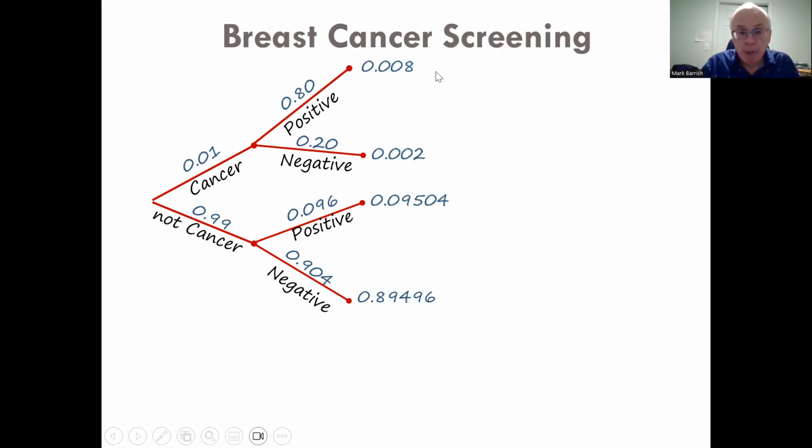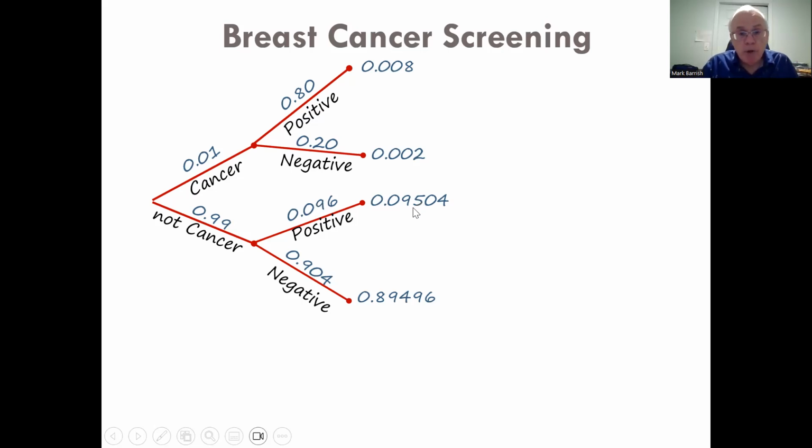That's the probability that if we pick somebody at random, they would have both those cases. That's the 0.8% or 0.008. We multiply these numbers across, 0.002. That's the probability if we pick somebody at random, they would really have cancer and they would have a negative result.